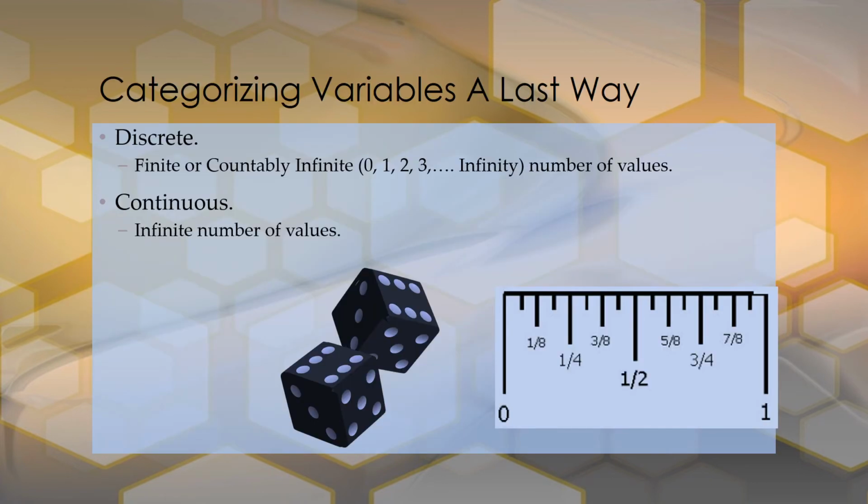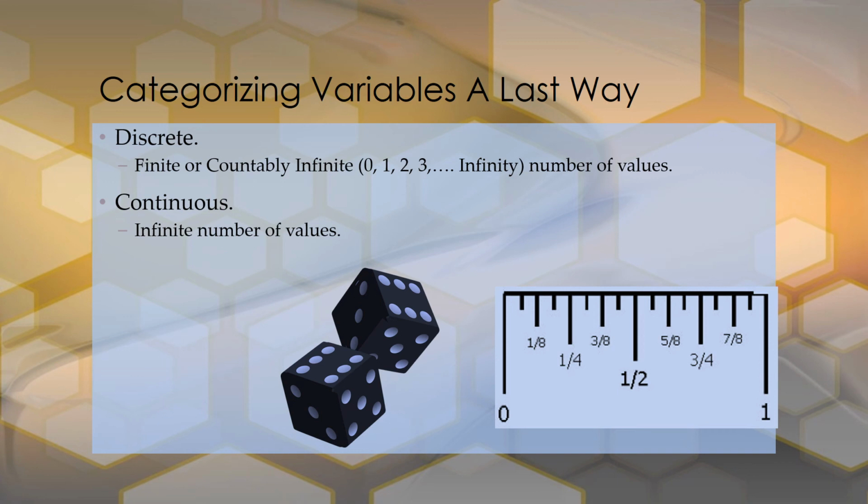So one last thing, I want to go over a little bit more about levels of measurement, and this is related to the categorical and scale thing, but it's not in the same categorization method, okay? So a discrete variable is something that is finite or countably infinite. For example, any categorical variable is discrete. We can count it. We can say there's only 4 flavors of ice cream that we're going to measure today.